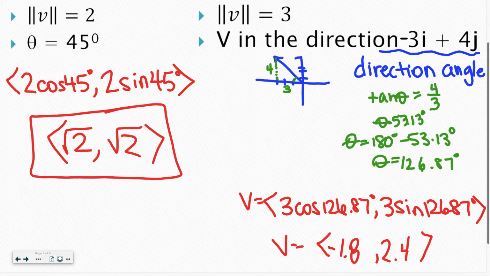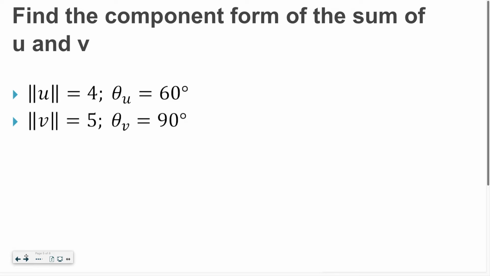We can do that, right? And in your homework last night when we had numbers, did that go okay? Yeah, pretty nice, right? This time, however, I'm giving you the magnitude and direction of the two vectors I want you to add together.